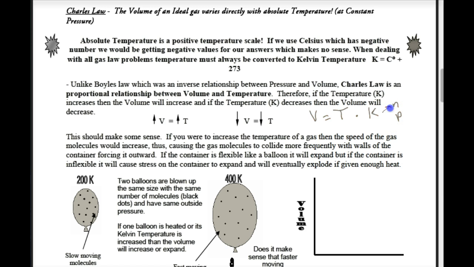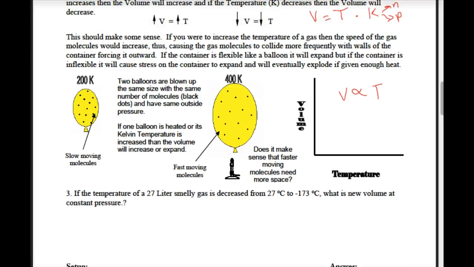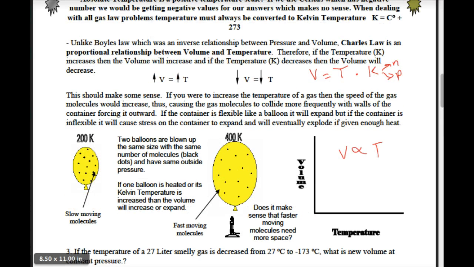Those are your two constants. And what this can turn into is the understanding that volume is directly related to temperature. It varies directly with temperature. And we end up writing that this way: volume equals temperature. And we will get to the situation where we'll work on the math in a second.